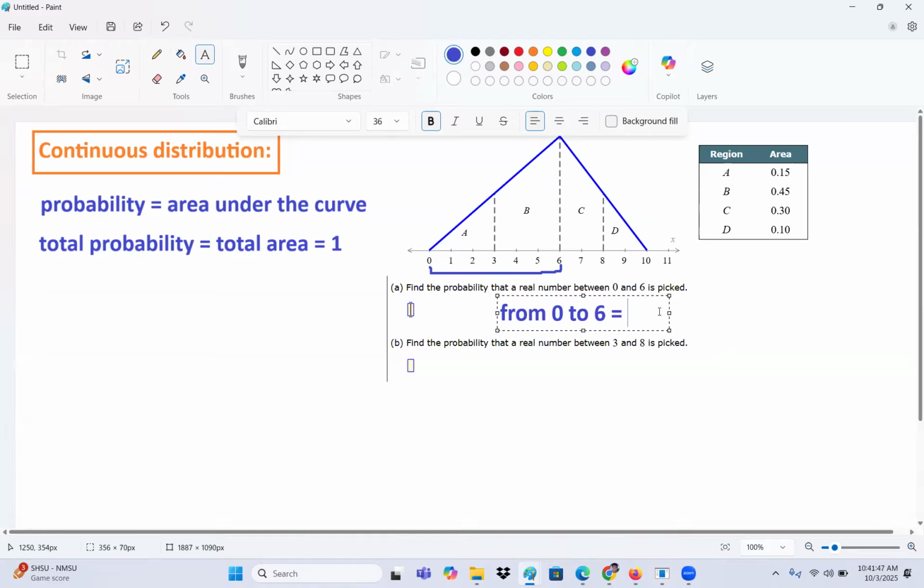It's just the area of A plus the area of B, which is 0.15 plus 0.45 equals 0.6. Yeah, we just do that. It's not a big deal. So the probability is equal to 60%.